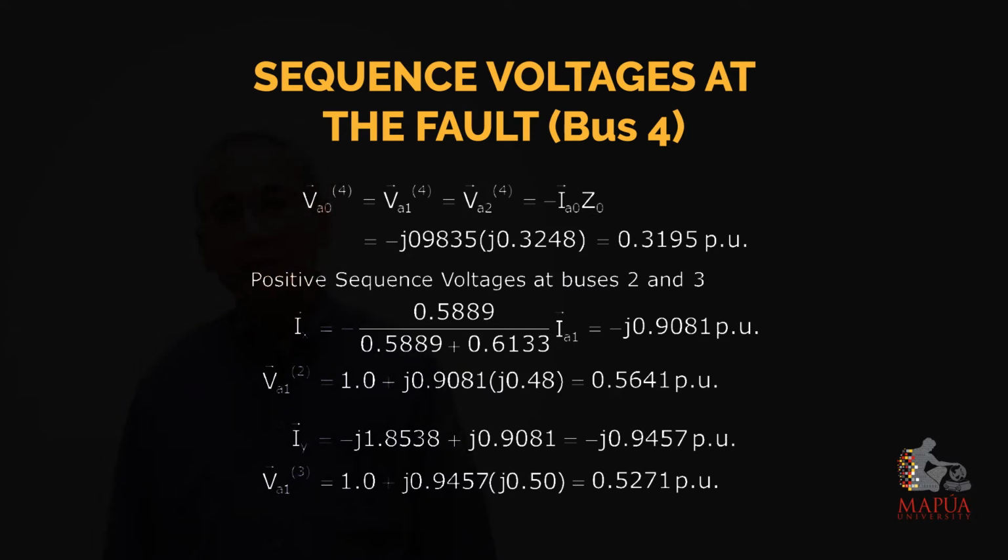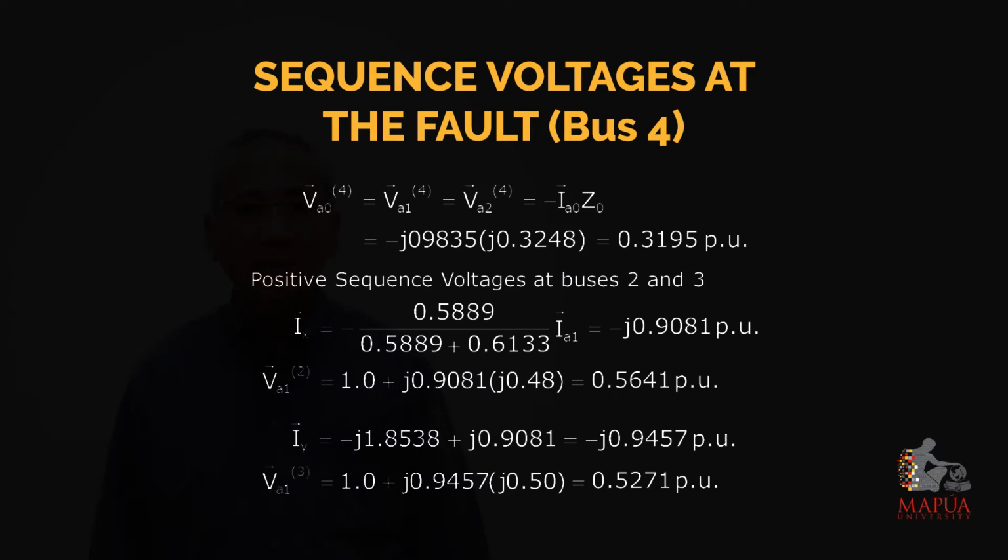The positive sequence voltages at buses 2 and 3: Ix is equal to negative IA1 multiplied by 0.5889 divided by 0.5889 plus 0.6133, to be equal to negative j0.9081 per unit.